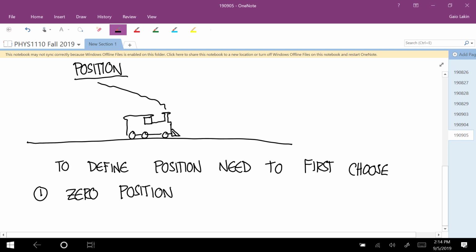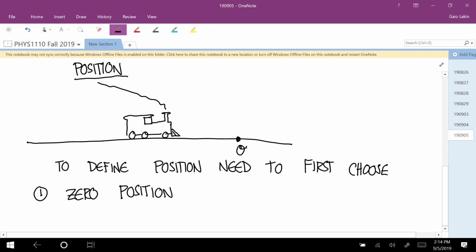And in this case, I'm going to call this the 0 position. So that means we have to choose a physical thing that we're going to say is at position 0. And now can we put a number on the position? Not exactly. We're a lot closer than we were before.